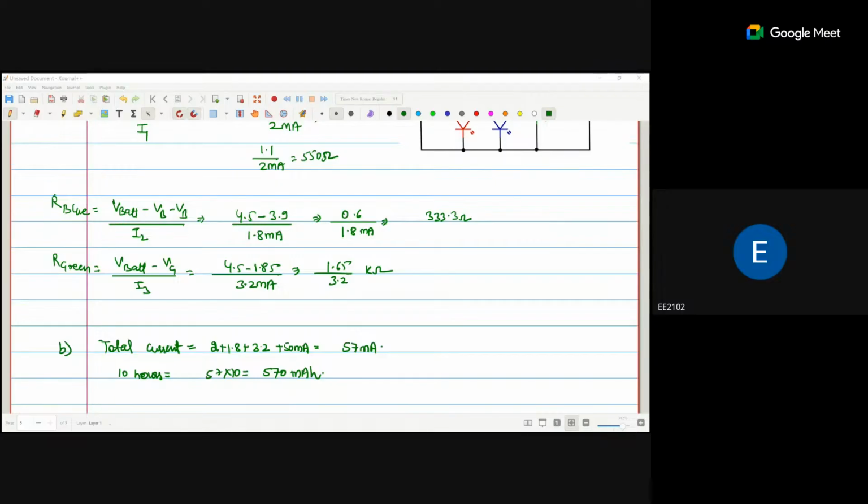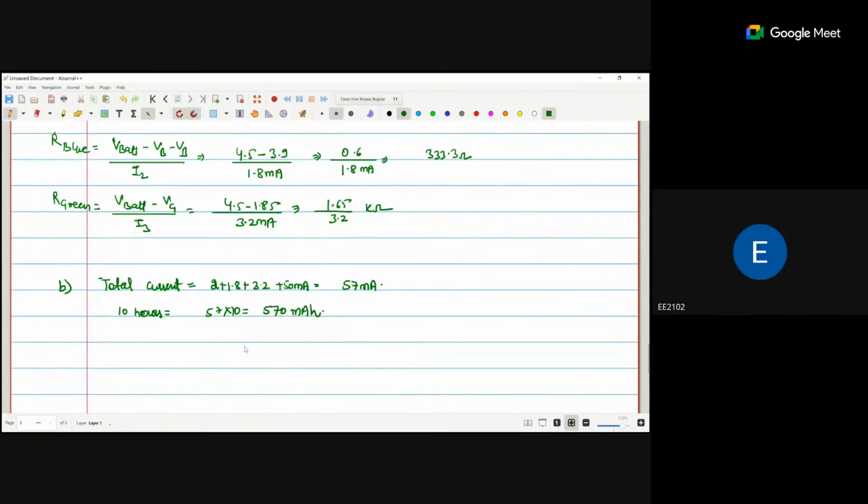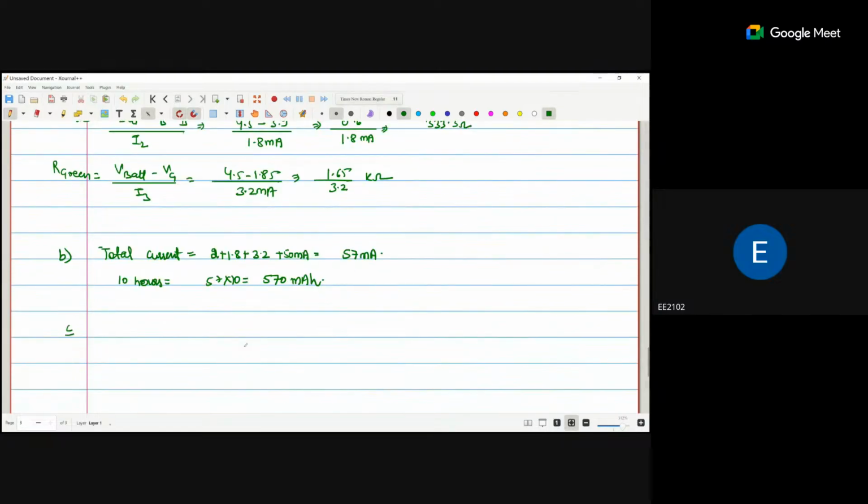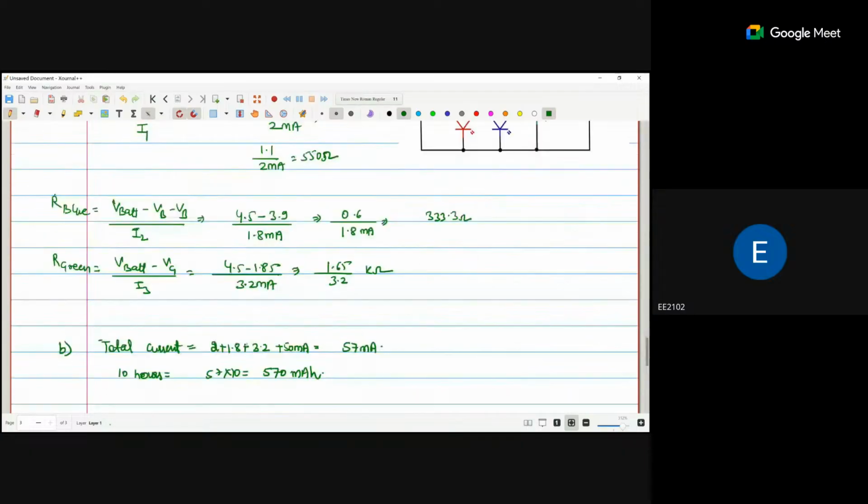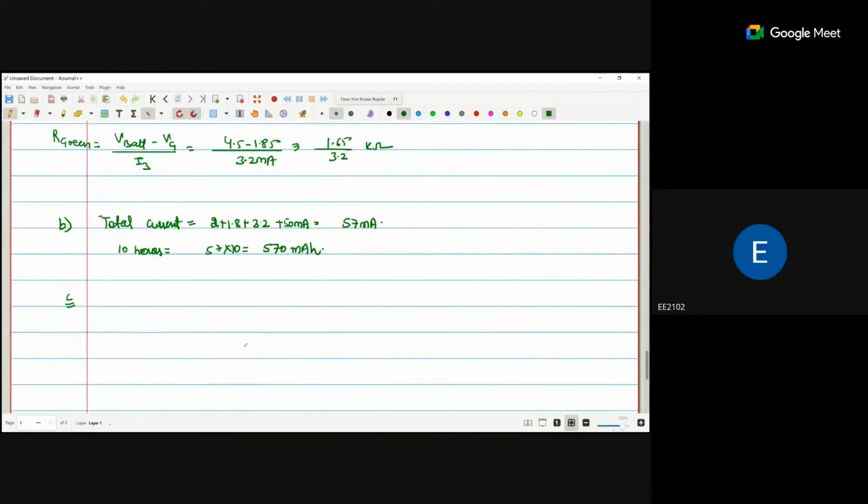Now if we reduce the battery voltage, we know the resistance value. Now I have to calculate I1. So I1 is V battery minus 2VR divided by R red.